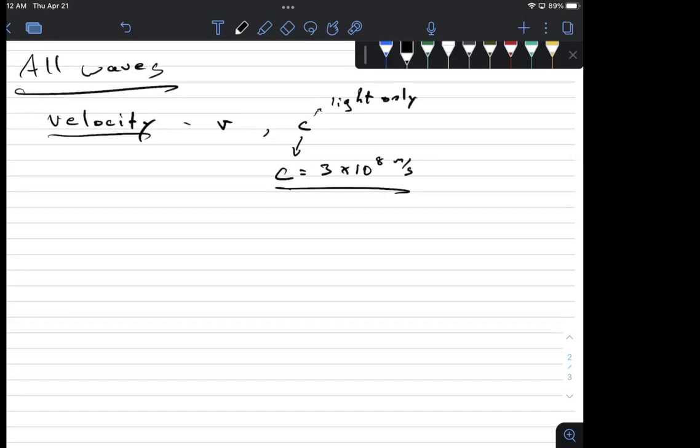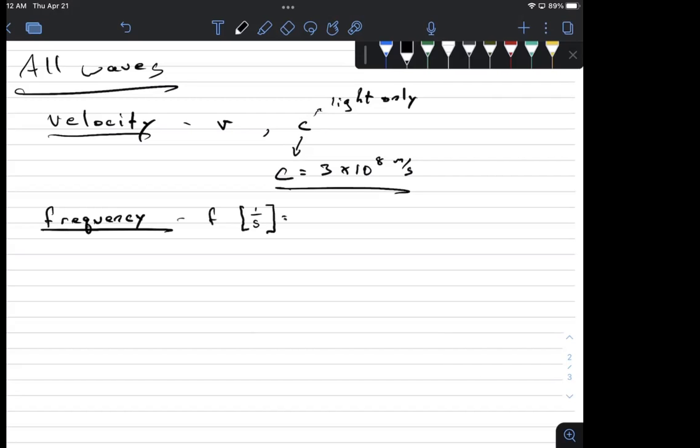The next thing is what's called the frequency. The frequency, its variable is f, little f, and the units, of course, officially is 1/seconds, but that's a weird unit.